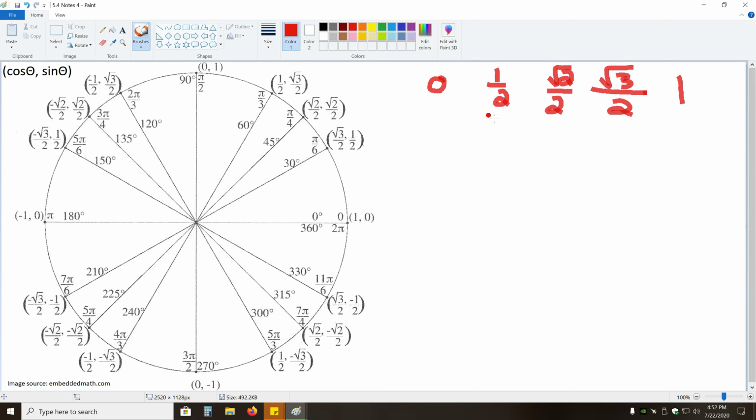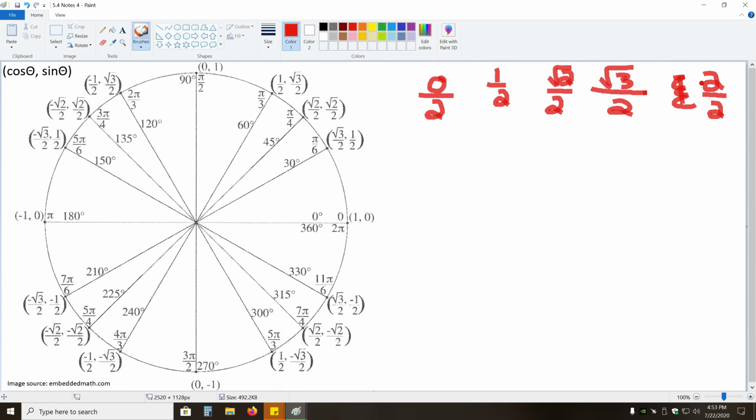What if we rewrote every one of these with a denominator of 2? So 0 would still be 0 over 2. And then 1 would become 2 over 2. So from here, notice that we are starting with 0, then 1, then 2, then 3, and then the fraction goes away.